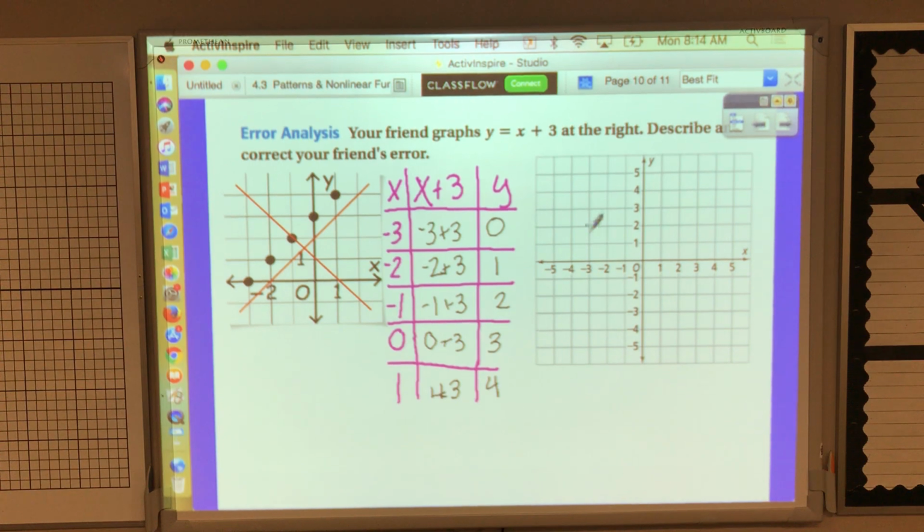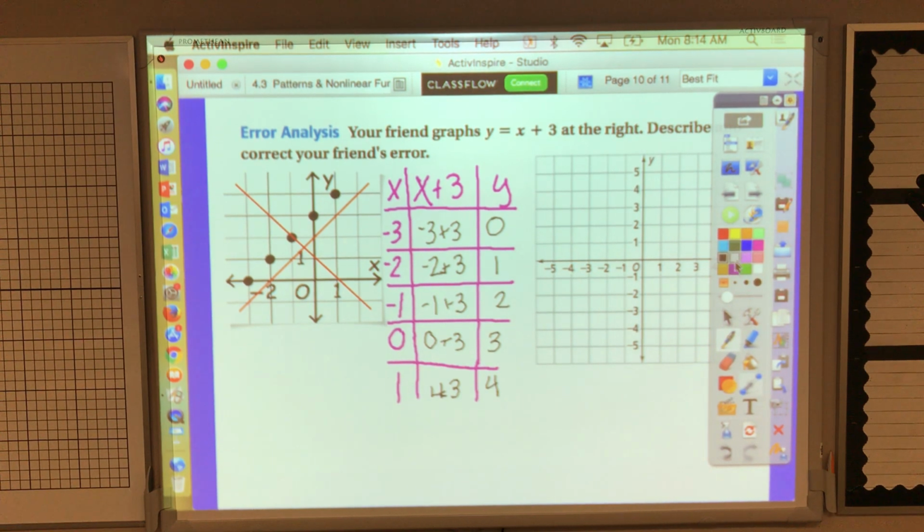So the mistake they made was actually not in their work, but that this was not a word problem, so their mistake was that they should have connected it with a line. And I wouldn't know that was the only mistake unless I went through and checked their work.